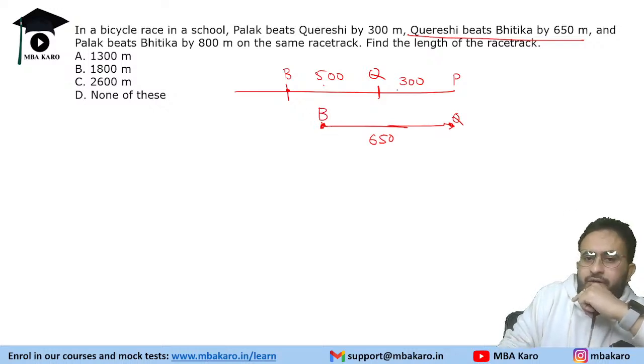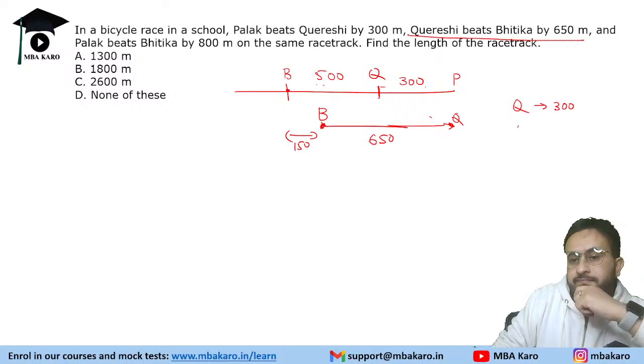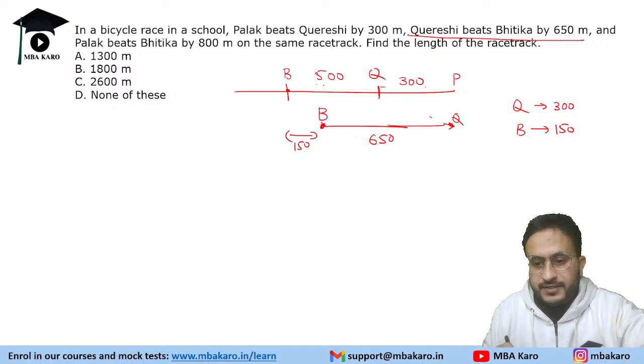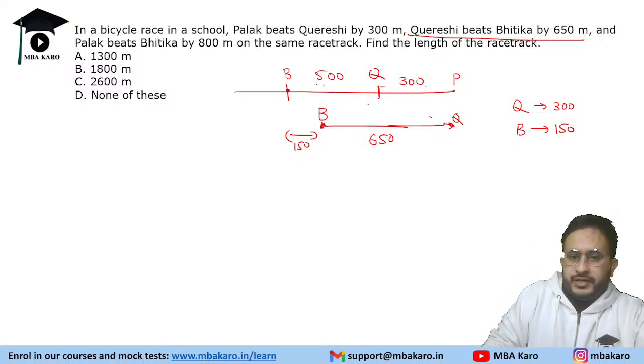Now Q was 300 meters away, so Q covered 300 meters in this time. And when Q covered this 300, B is still 650 meters behind, so B has covered just 150 meters from this point.